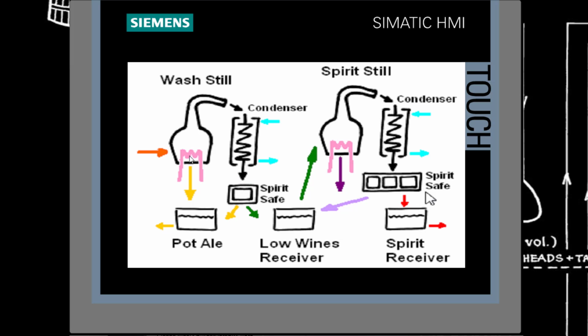Anything that goes through the spirit safe into what we call the low wines is measured, and the range here is 1 to 25% ABV, which varies between whiskey manufacturers. When we finish the cut at the bottom, it's 1%, so that's a nice range to work with, 1 to 25% ABV.